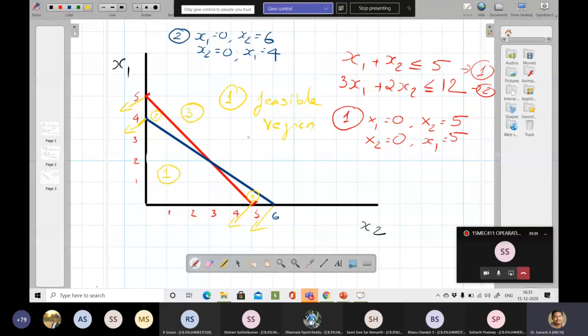In the feasible region you will have many points.